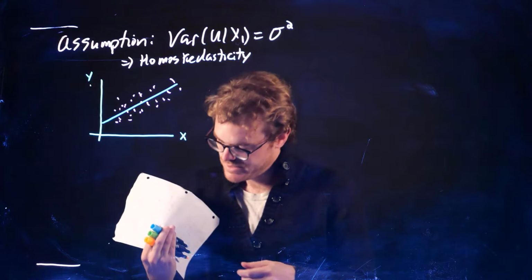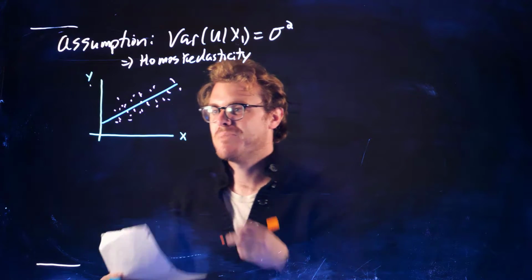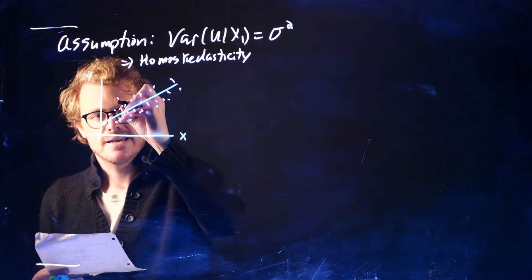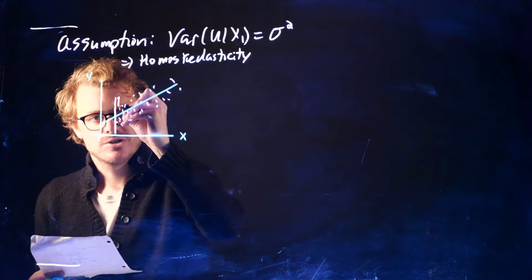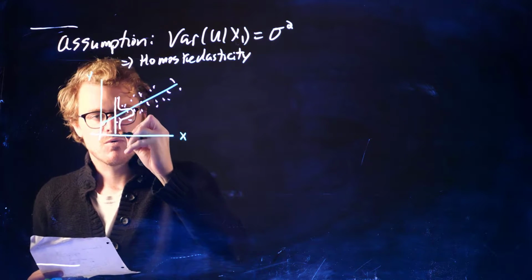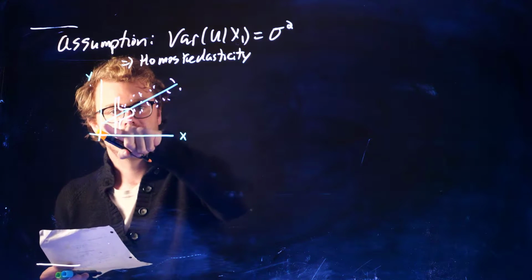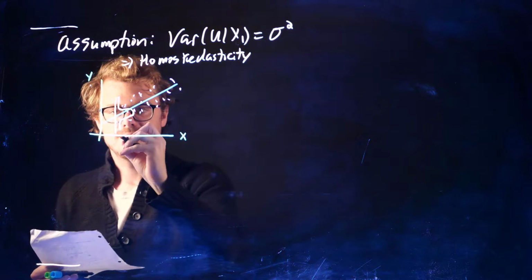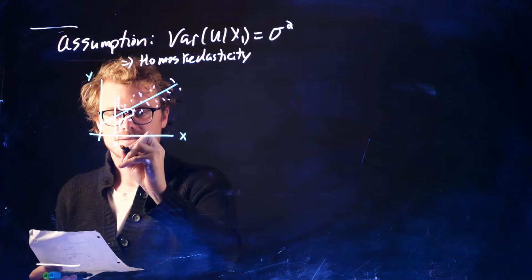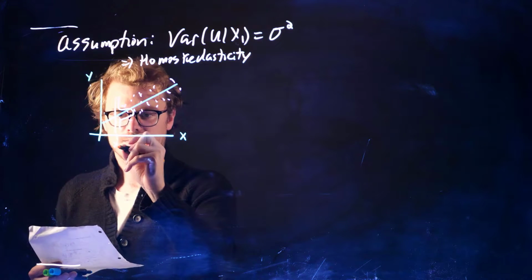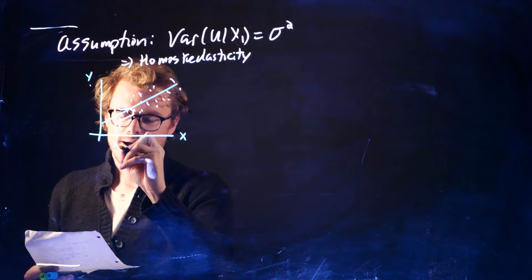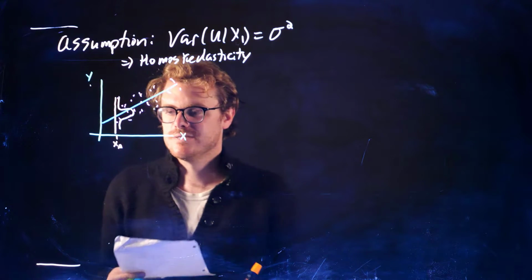And so remember, I'm running out of colors, but I go back to orange here. What this is saying is the distribution of u around this regression line is the same no matter what the value of x. So let's say this is the value xa, for instance.